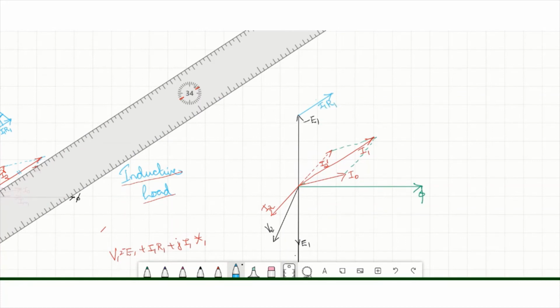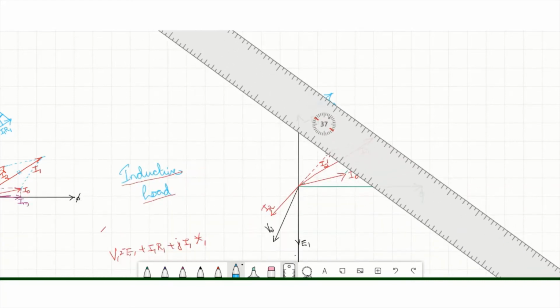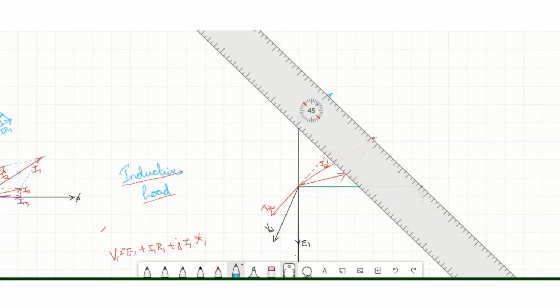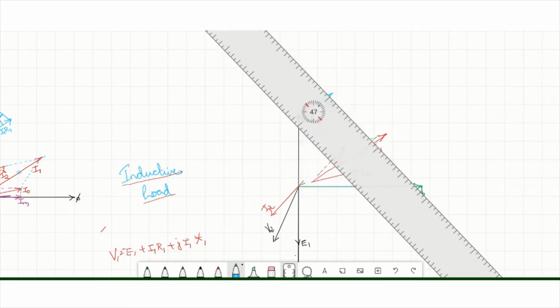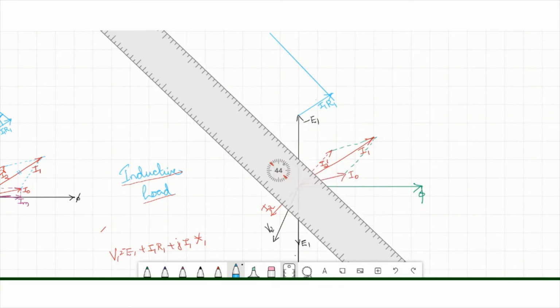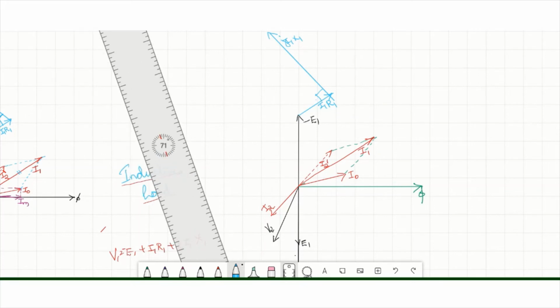Then we have to draw I1 into X1, which will be 90 degree with I1. J I1 X1 will be 90 degree with I1 R1, or 90 degree with I1.